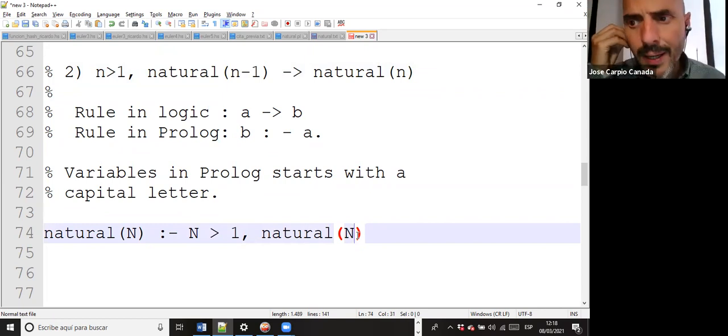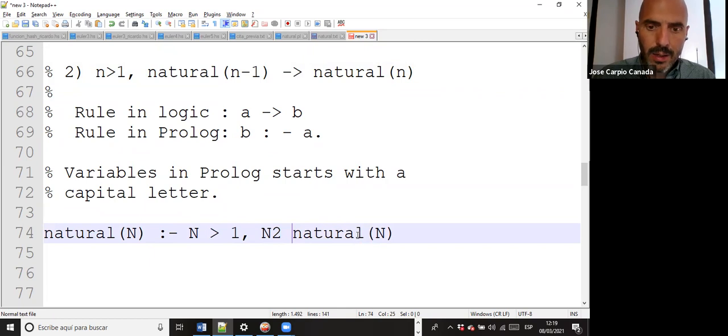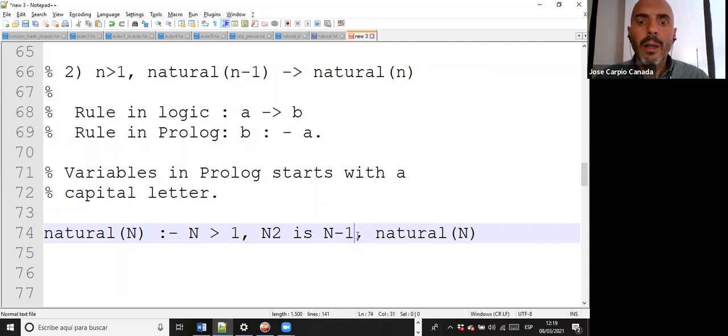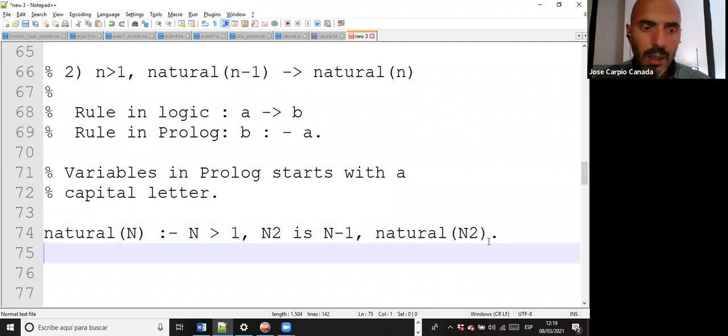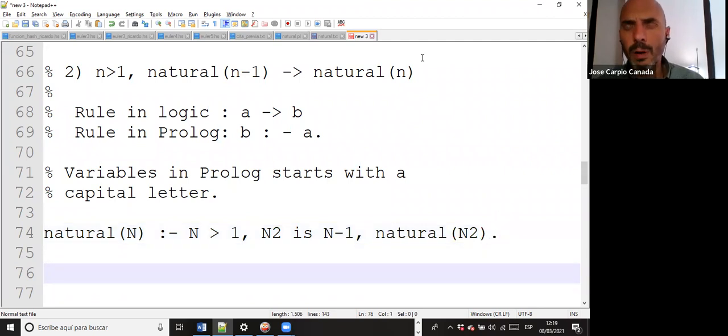Okay, but in Prolog, it's not possible to do that directly. I have to use another variable. Let's see later what that means, but it's not possible to use it directly. I have to create a new variable because the concept of variables in Prolog is the concept of mathematical variables and not the computer science one.